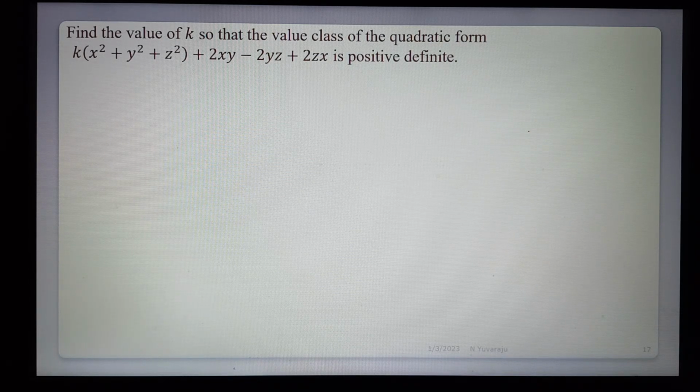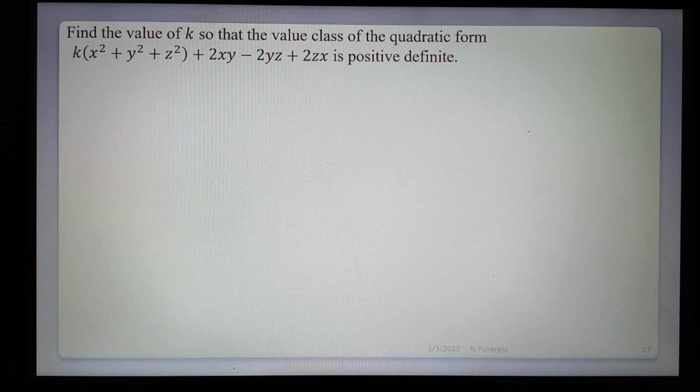Then what is the k value? Positive definite means the eigenvalues of the coefficient matrix of the quadratic form must be non-zero positive, all of them. Then that quadratic form is positive definite, and that is how we find the k value here.